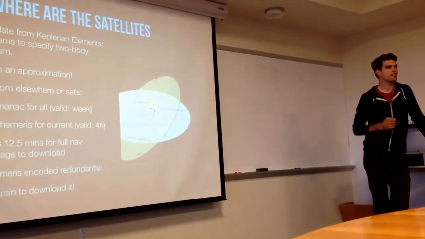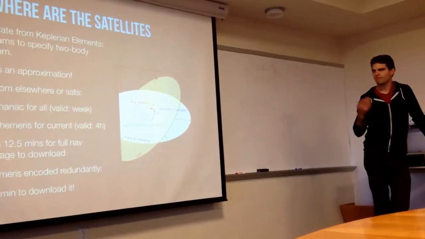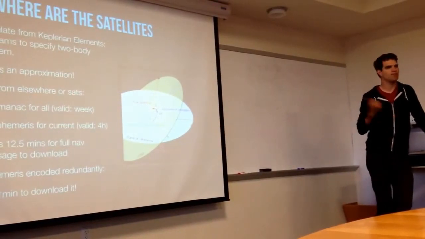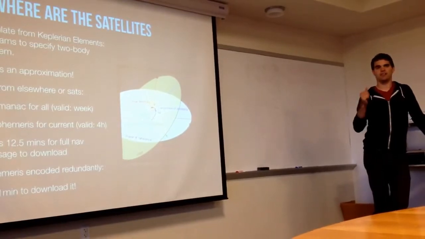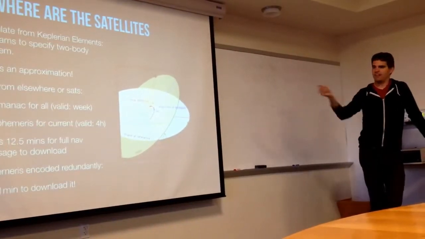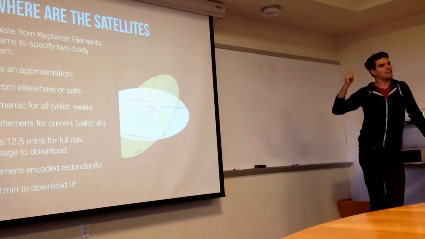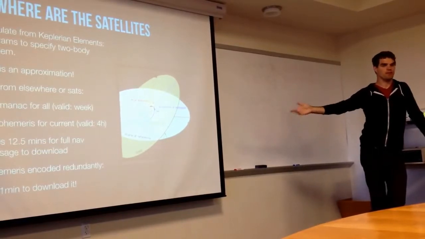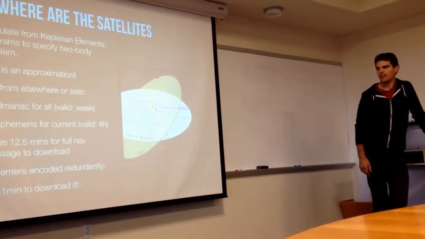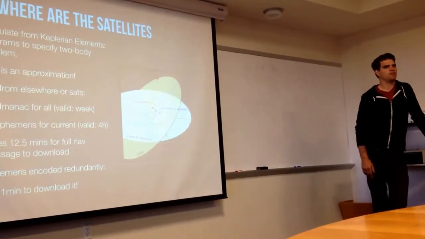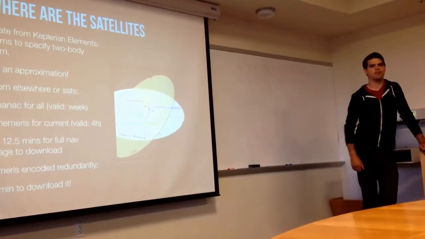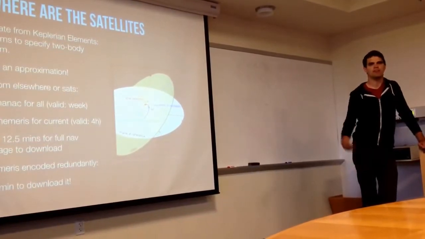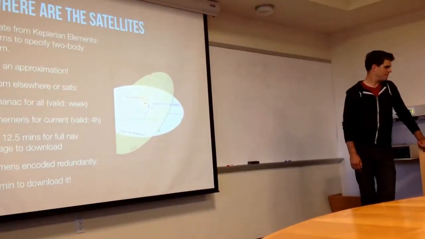Let's say you just turn on your GPS receiver. That means that it's going to take some time to find a satellite. When I say find a satellite now, I mean receive the data from a satellite, get these parameters, and then be able to solve the two-body problem and say, well, where's the satellite now? Why does your cell phone boot up so quickly? Well, it turns out that if your cell phone uses GPS, it pulls this from the internet rather than trying to download it from a satellite, which is obviously much faster.